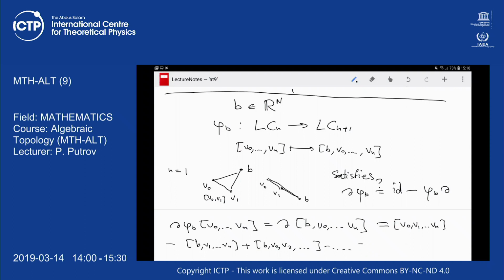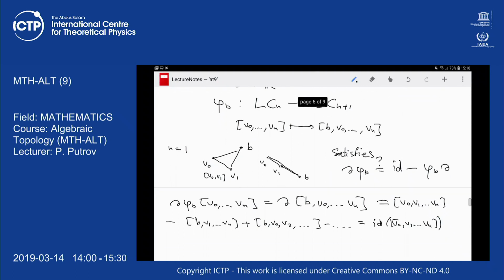And so we can separate the first term, which will be the identity acting on this guy. And all other terms, we can see that this is the same. We have B here in the first place, so we can write it as minus phi B acting on d.